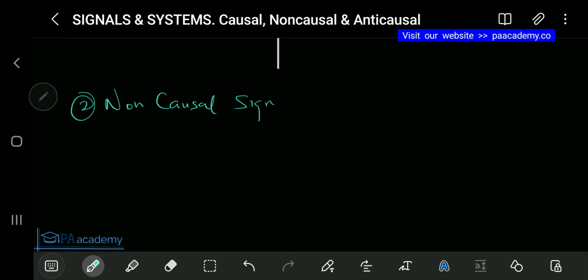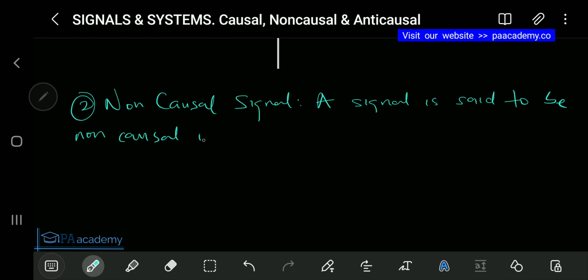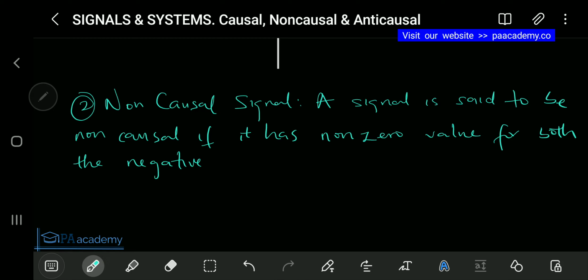We can define a signal as non-causal if it has non-zero values for both negative and positive time.